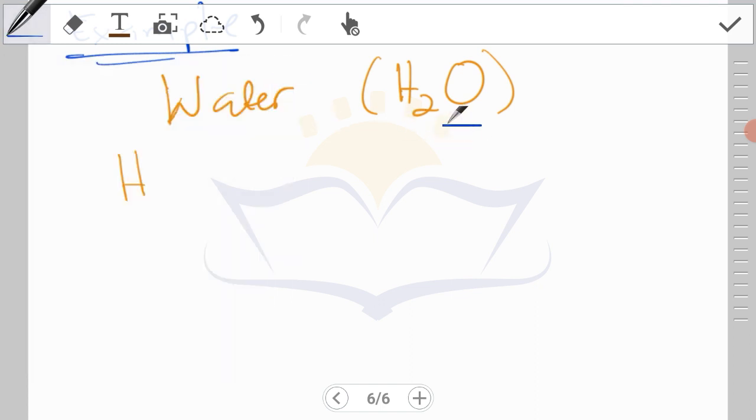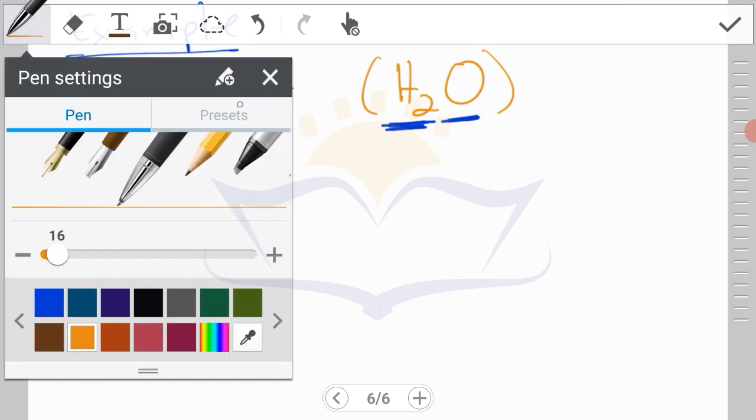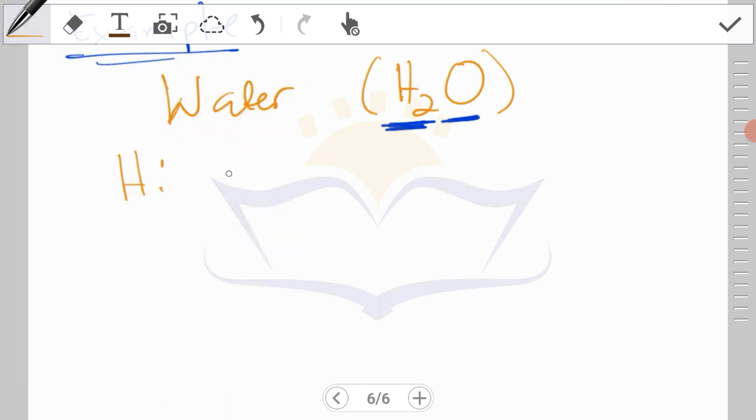From the formula tikutaona kuti tili ndi ma hydrogen atom awiri, tili ndi oxygen atom imodzi. Ndiye tione iliyonse payokha. Hydrogen ndi group 1 element. Group 1 element ali ndi 1 electron mu valence shell, or 1 valence electron. Hydrogen winayonso ndi chimodzimodzi, 1 valence electron.